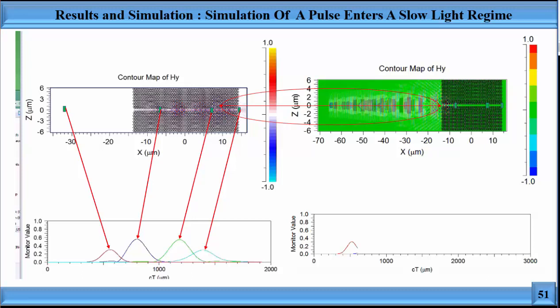In the second video we observe a wave width of 130 microns. As the wave enters the slow light regime, the wave shrinks and is compressed in space, which leads to miniaturization of the device.